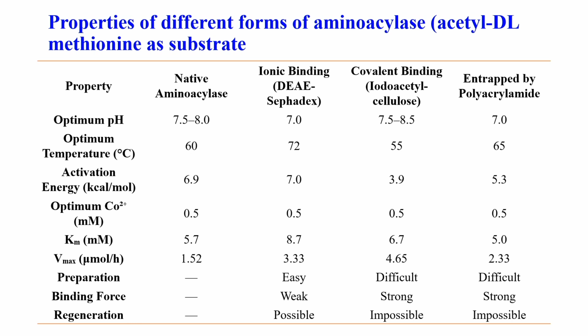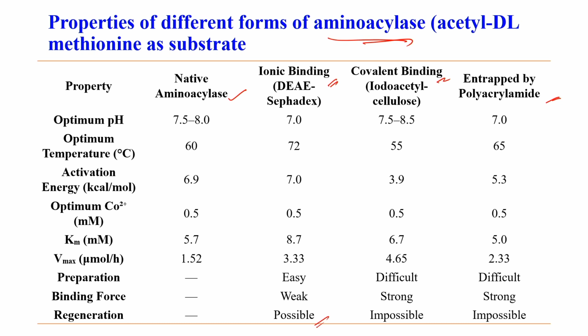It is good to see this comparison here of aminoacylase. This is the native enzyme, and these three are immobilized using different techniques: this is ionic binding, this is covalent binding and this is entrapment. Let us compare one parameter here, regeneration.